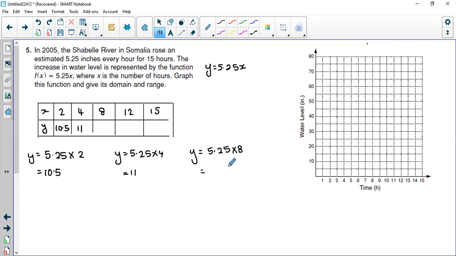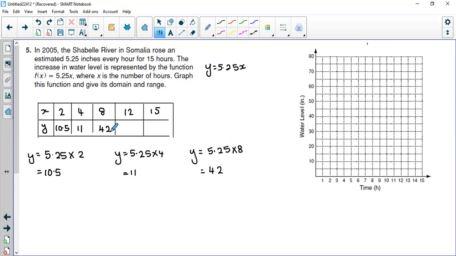So this is going to give you 42. Okay, I think it's right. 8 5s are 40, 42. Yes, it's 42. So when x is 8, y is 42. And the same you will do with 12 and 15 as well.